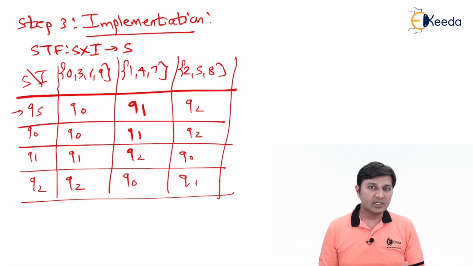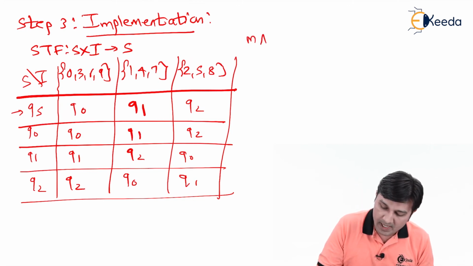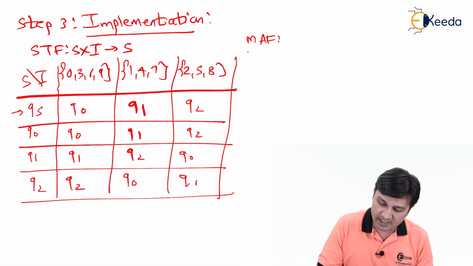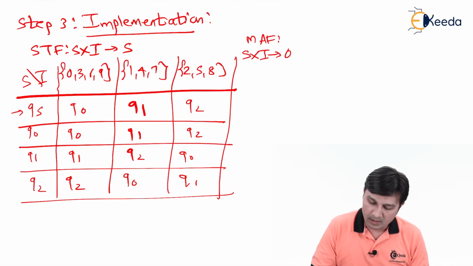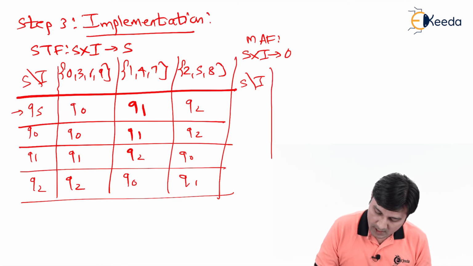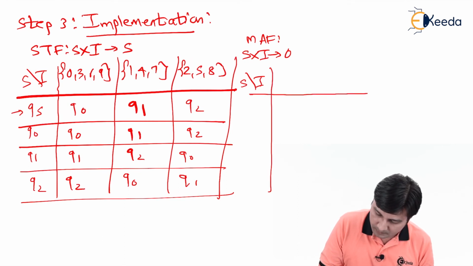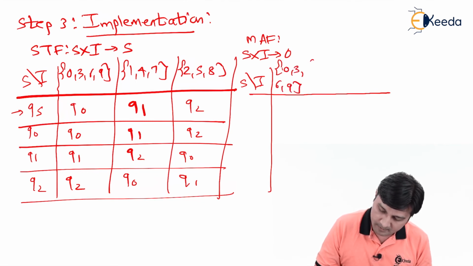So how do we define a machine function? A machine function is defined by MAF. It basically says, given a state and an input, what is the output? So let's draw the table. I again write S cross I over here. The inputs over here are 0, 3, 6, 9.